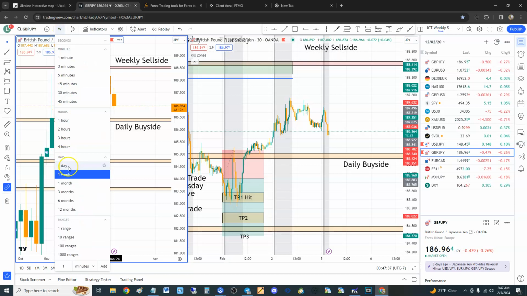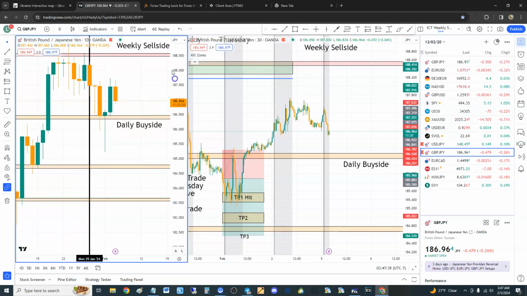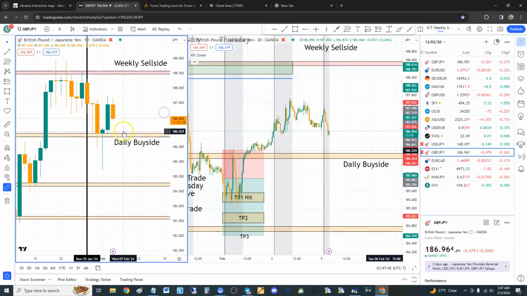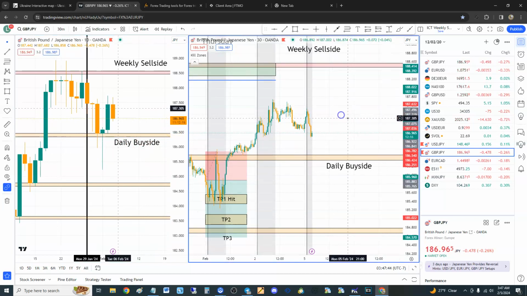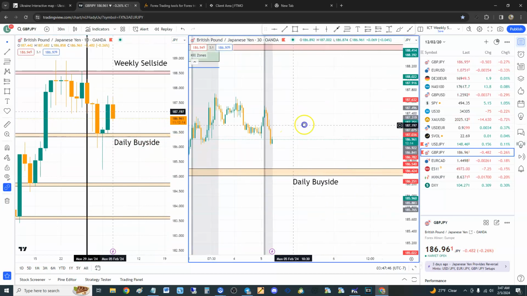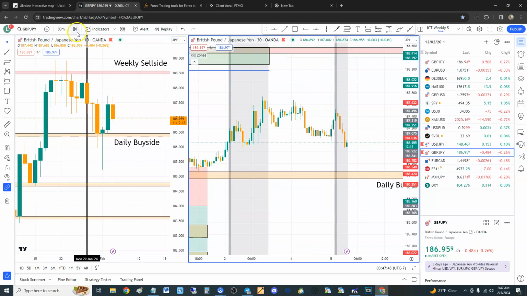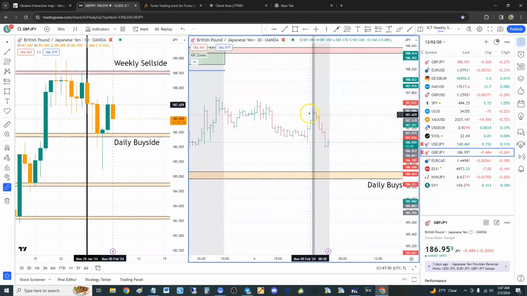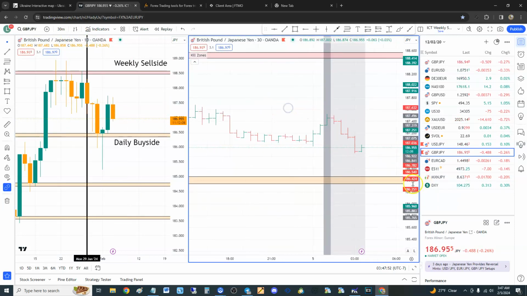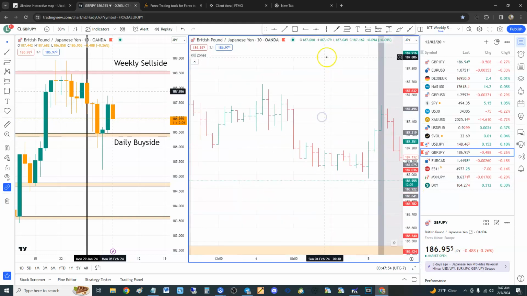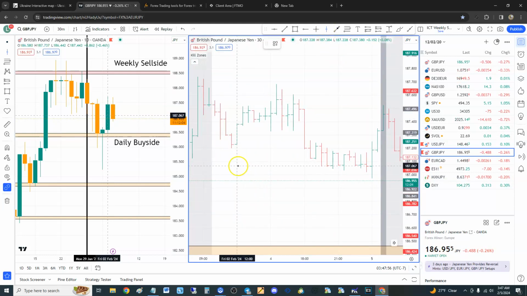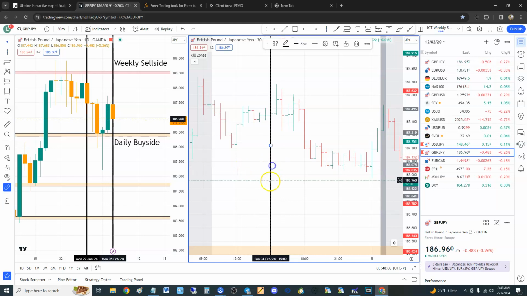All right. So we got that taken care of. We know where our weekly sell side is. Daily buy side. Okay. Now we're going to look at the weekly open. What I like to do is I use the bars because the bars show where the open is a lot better, guys. We're going to look for Friday, and then when it moves from Friday to Sunday right here, boom.